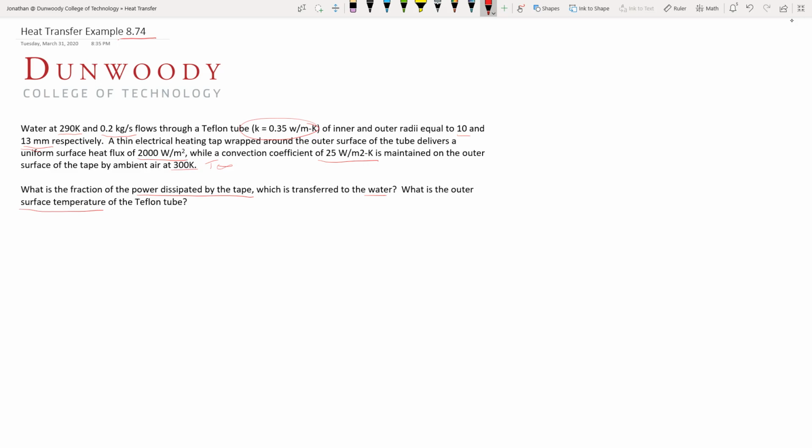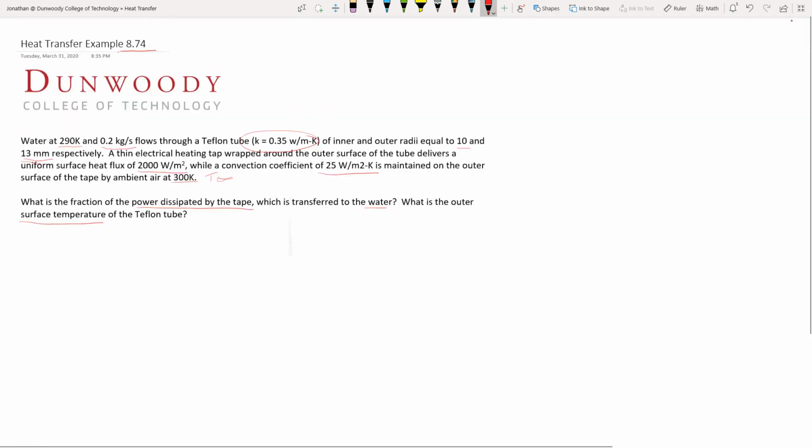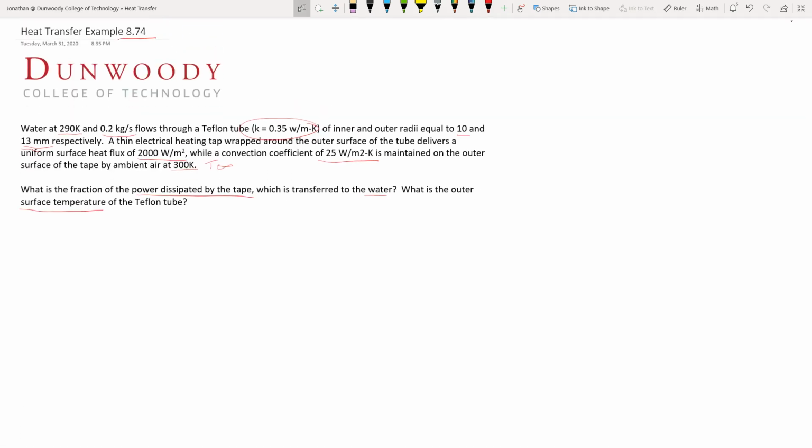So to get started, let's just talk for a second about our approach here. Looking at our approach, we'll draw a thermal circuit and calculate some resistances.